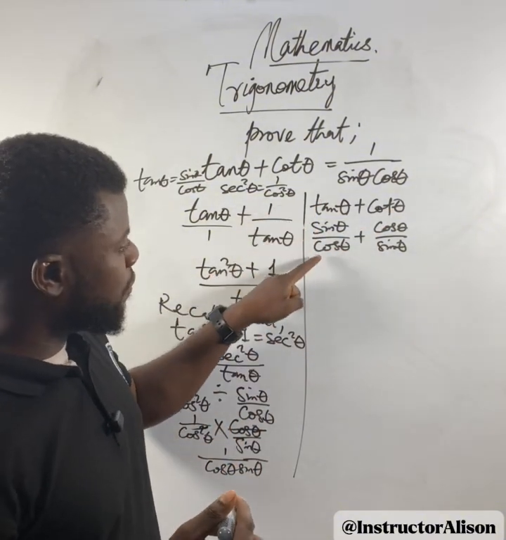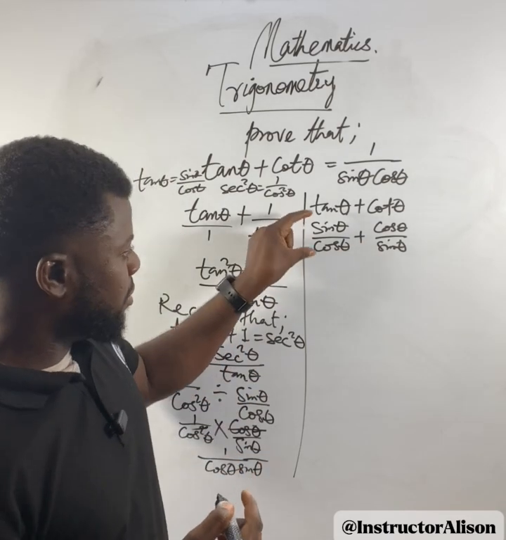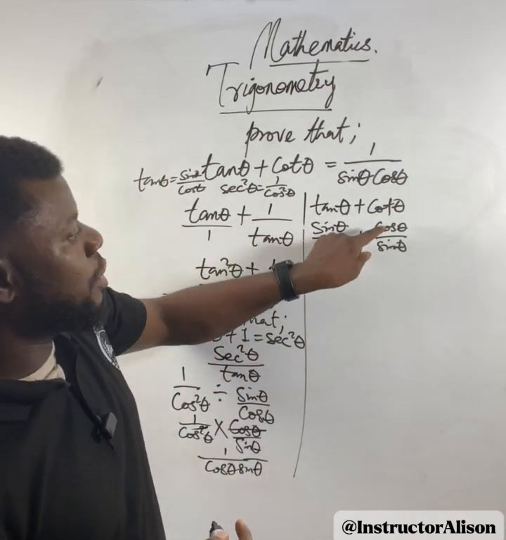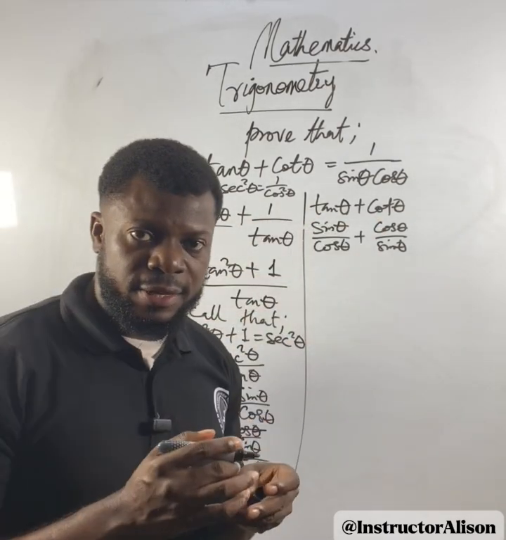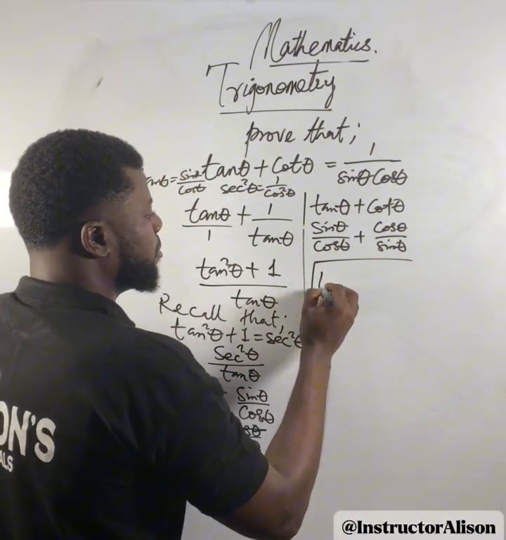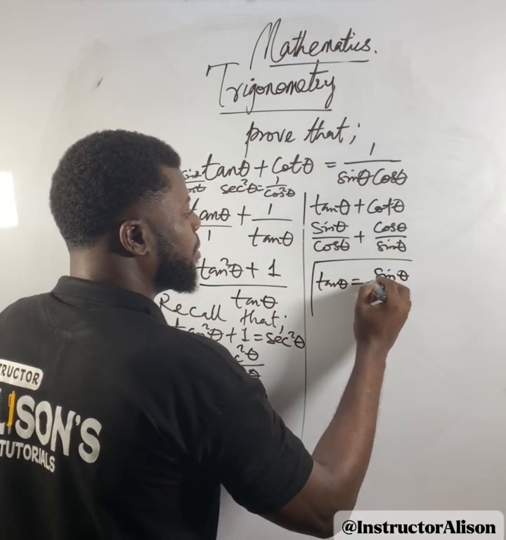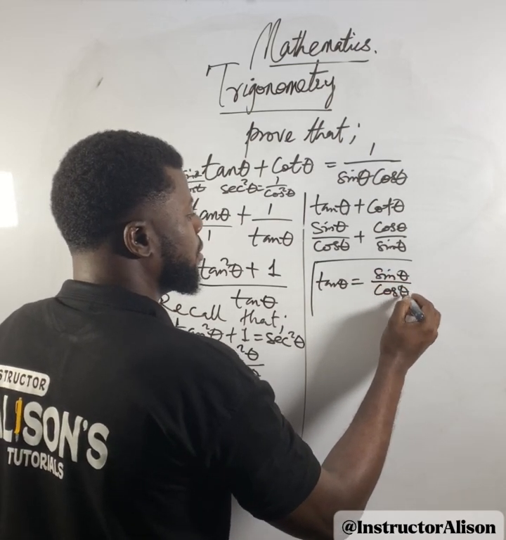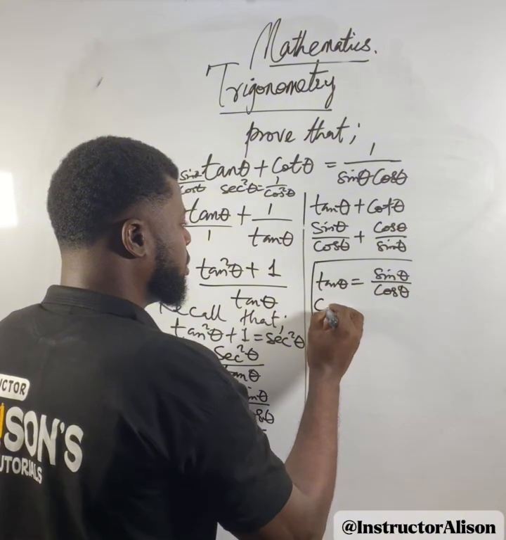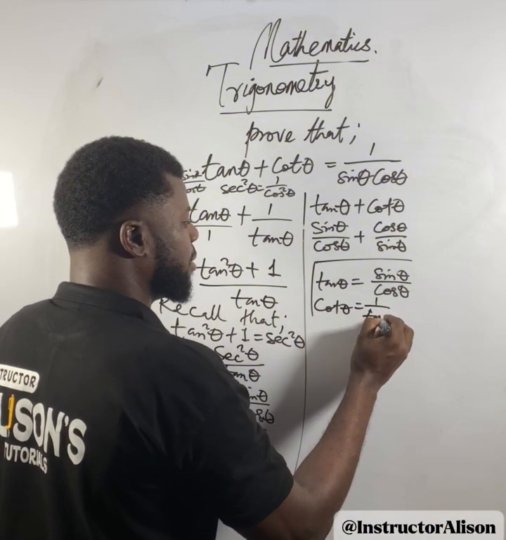If tan is sin over cos, cot is the inverse of tan. So inverse of tan means it switch this one, then you can get cos over sin. You understand? Make I tell you again. See, tan theta is sin theta over cos theta. I know say you no understand, I make I repeat. Then cot theta is the inverse of tan theta.